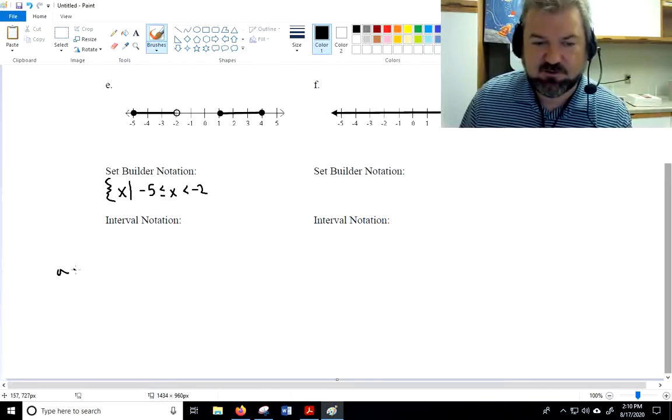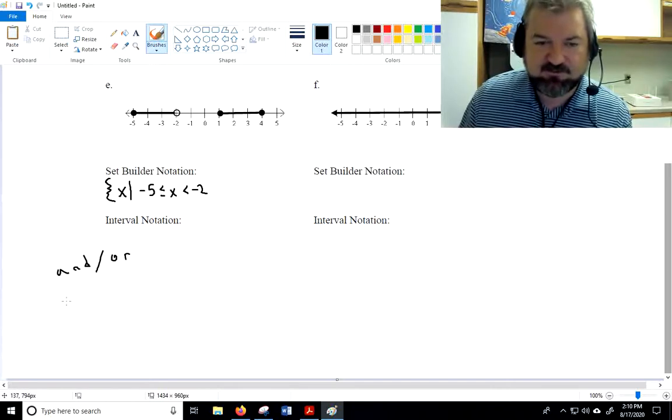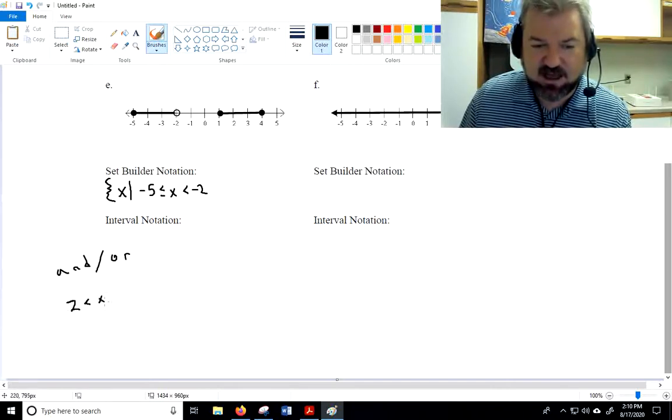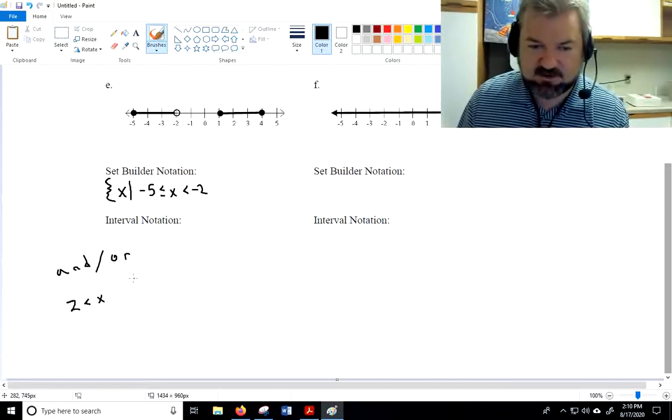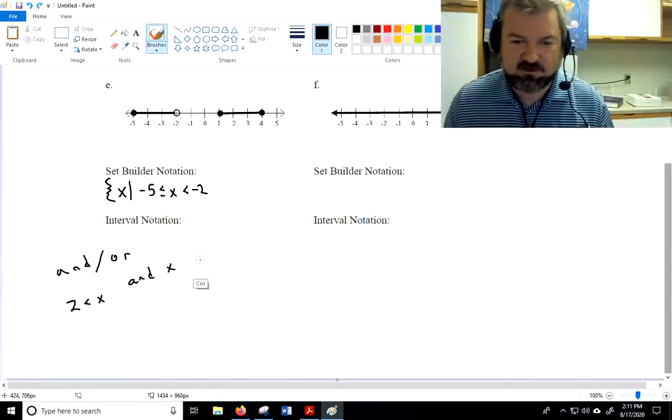We have two operators that we're using here, AND and OR. Now, if I say something like 2 is less than x, and let's say I said and x is less than 5. Actually, you know what? I'll use the numbers that I have in this problem here.